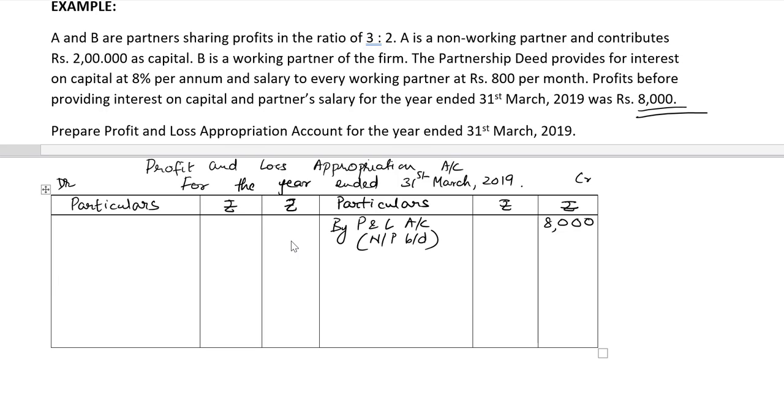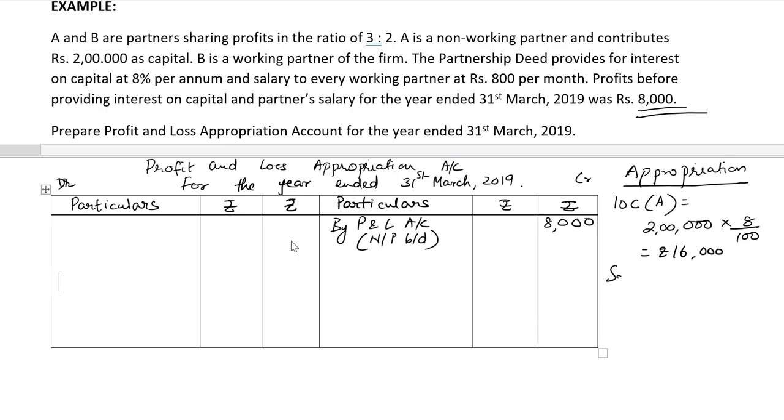Now we'll calculate the appropriation which has to be made. The appropriations: interest on capital to A. This is equal to 2 lakh into 8%, which is equal to rupees 16,000.